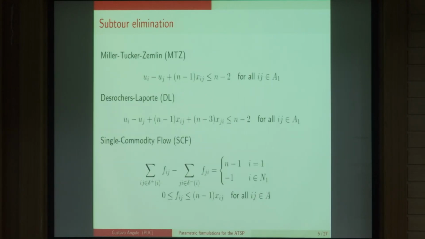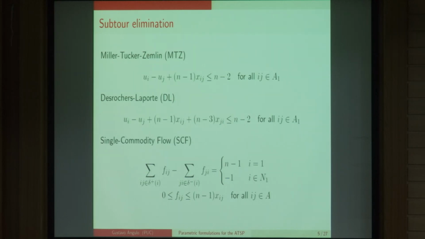So when we look at these constraints, we are saying that when we think of the U variables as labels, this constraint is saying that the labels have to increase at least by 1 when we go from node I to node J, right?